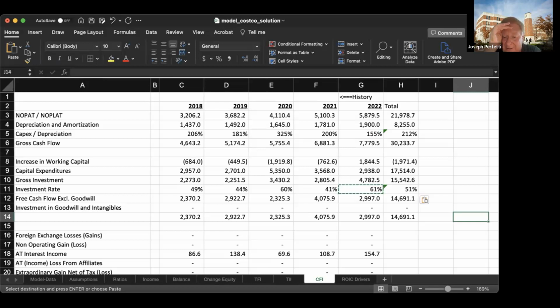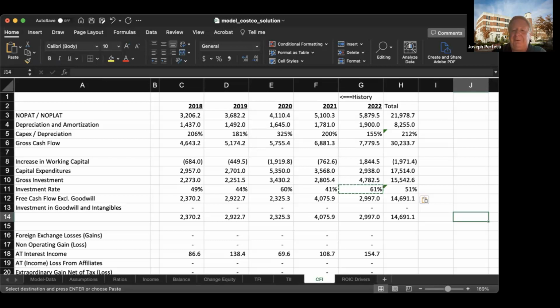They paused. Costco didn't pause, not nearly as much as Walmart did. But overall, they were generating pretty consistent free cash flows every year, from 2 billion to 3 billion, well, 21 being the outlier, 4 billion, but consistently generating a lot of free cash flow.